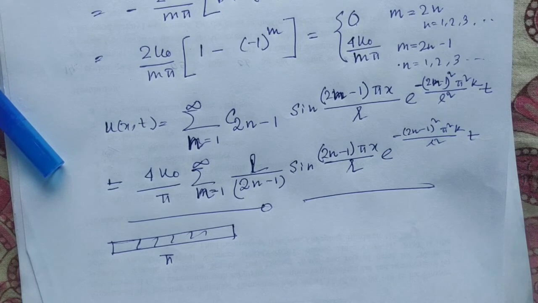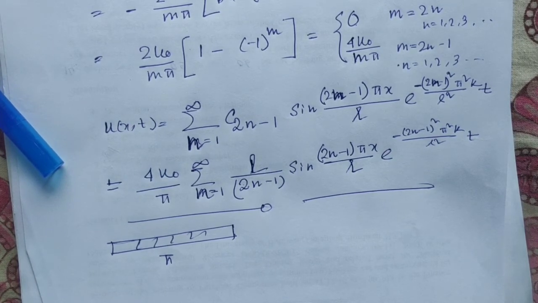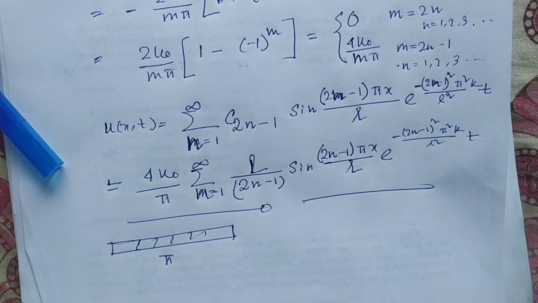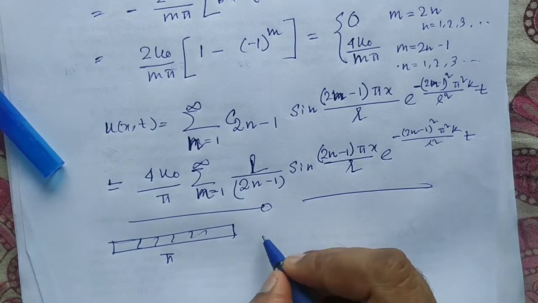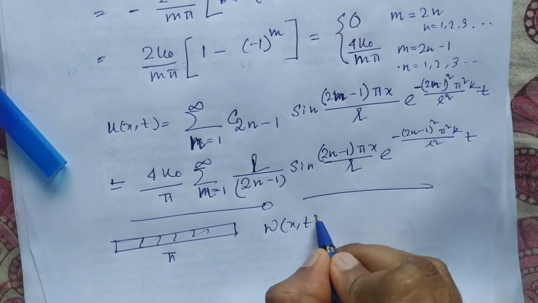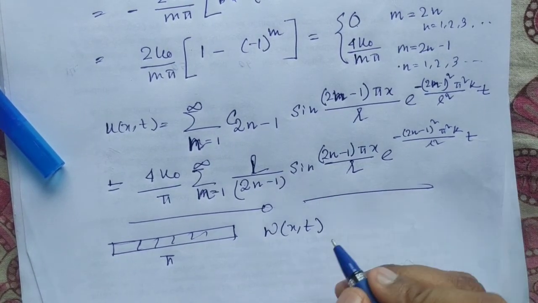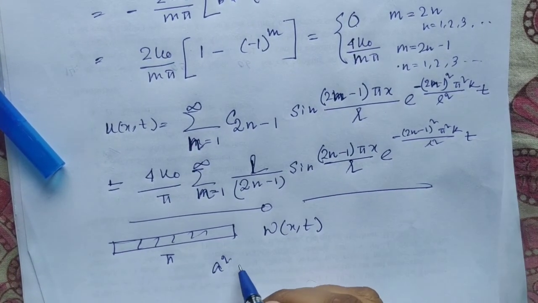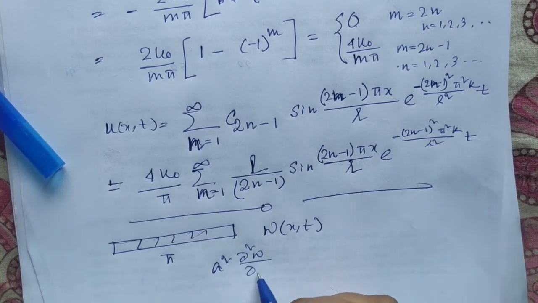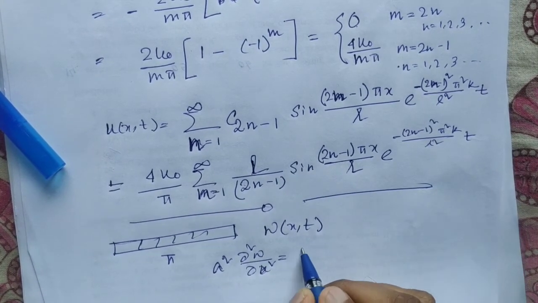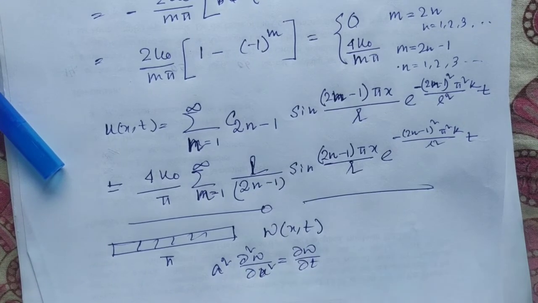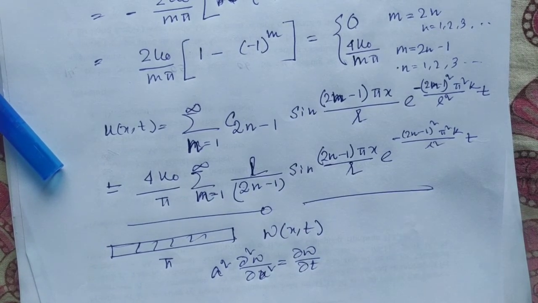Then the rod is removed from water at t equal to 0, and immediately put in ice so that the ends are kept at 0 degree Celsius. Find w(x,t) if the heat equation a square del 2 omega by del x2 is equal to del omega by del t is followed.